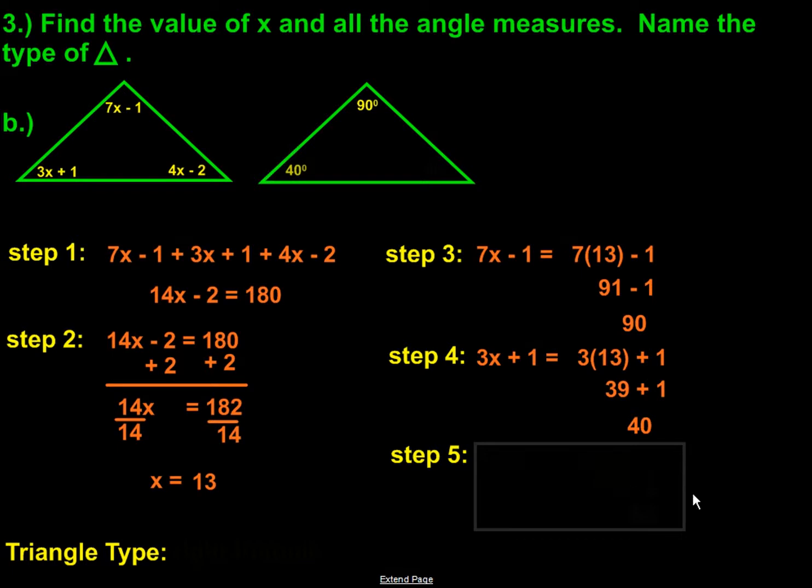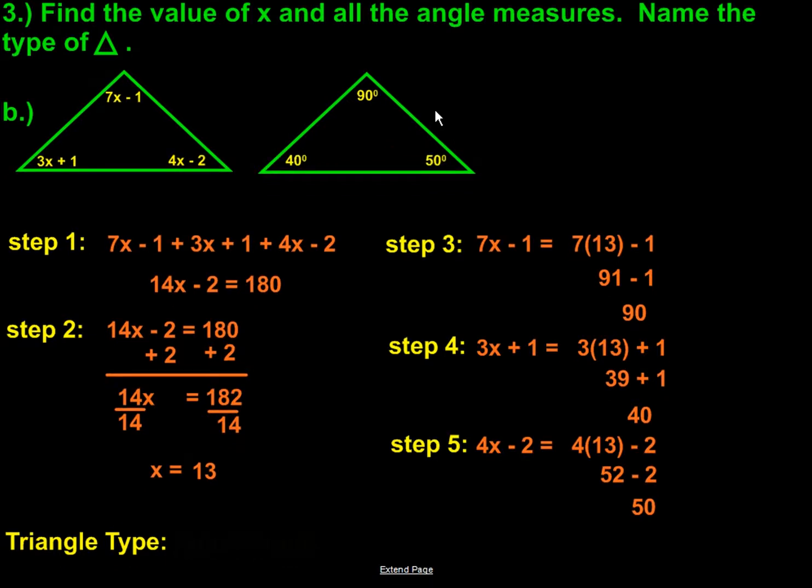And lastly, we plug it into 4x minus 2. So 4 times 13 minus 2. So we get 52 minus 2, or 50, which means the missing amount for that is 50. Now that we've figured out what each missing angle is, we can determine the triangle type. We have one angle that is exactly 90 degrees, so that makes this a right triangle.